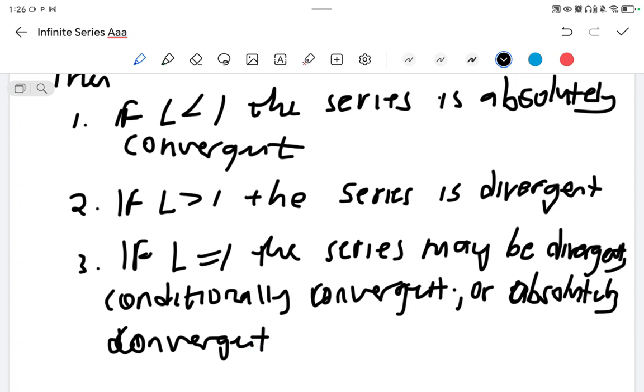In other words, all this is saying that this is inconclusive. When we say it is inconclusive, we're saying it's possible that it may be divergent, possible that it may be conditionally convergent, or possible that it may be absolutely convergent.